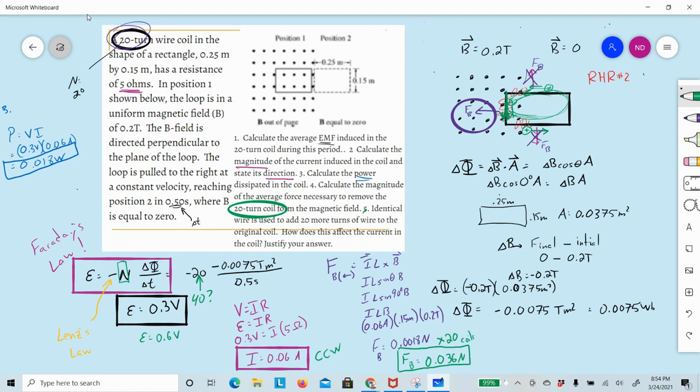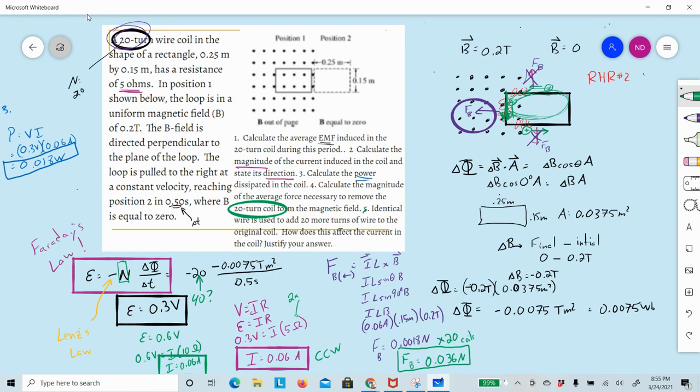We're also going to double the resistance, aren't we? Yes, we would double the resistance. So the answer is 0.6 volts equals some current times 10 ohms, and you get the current of 0.06 amps. You get the same current.